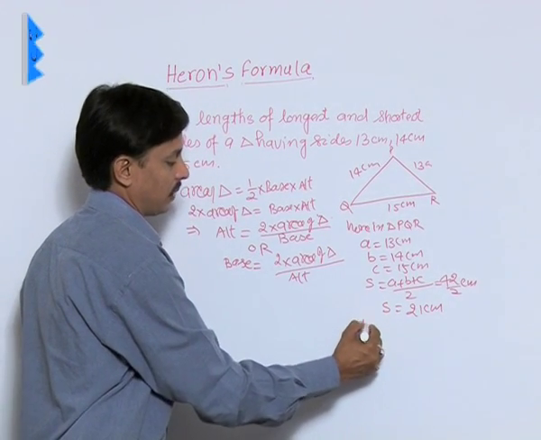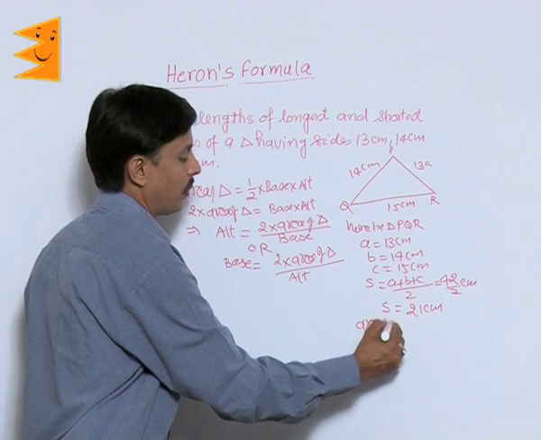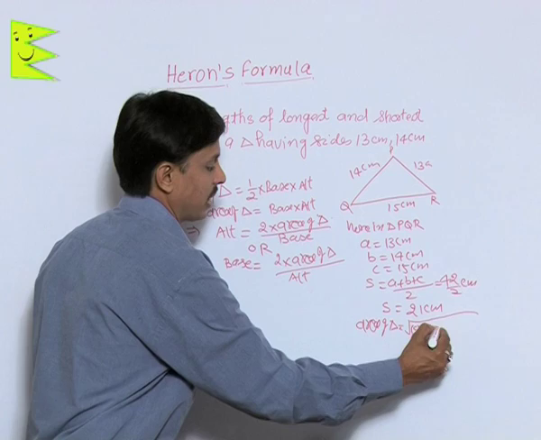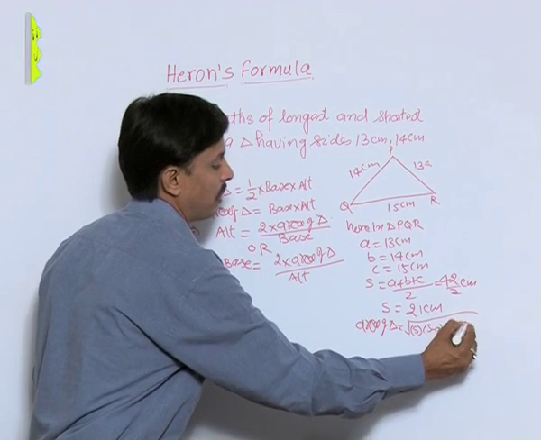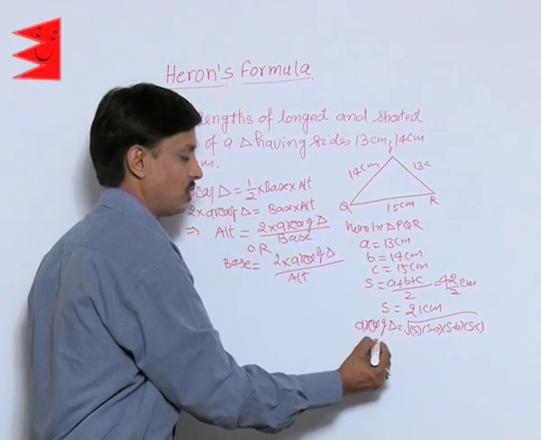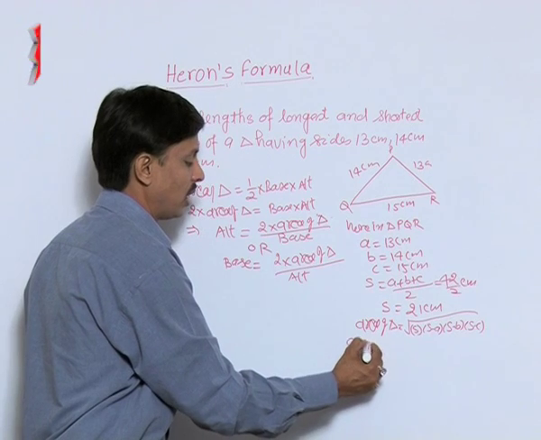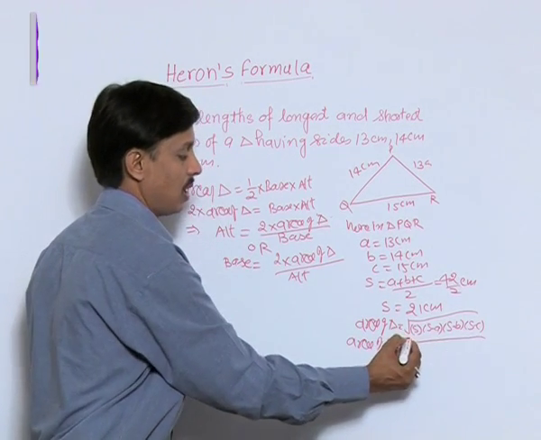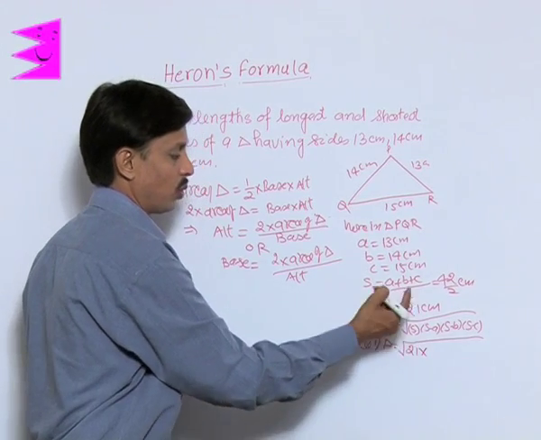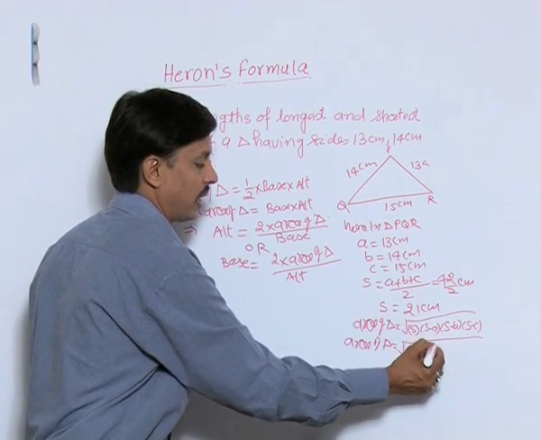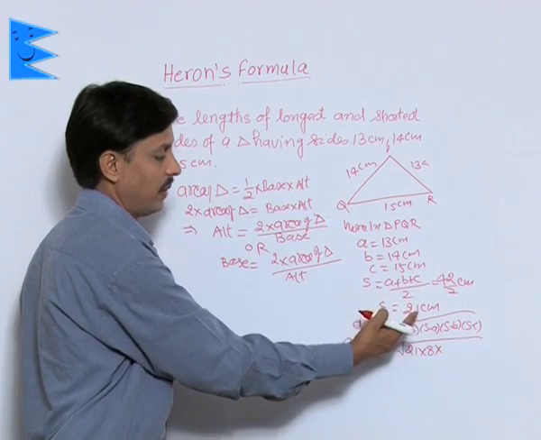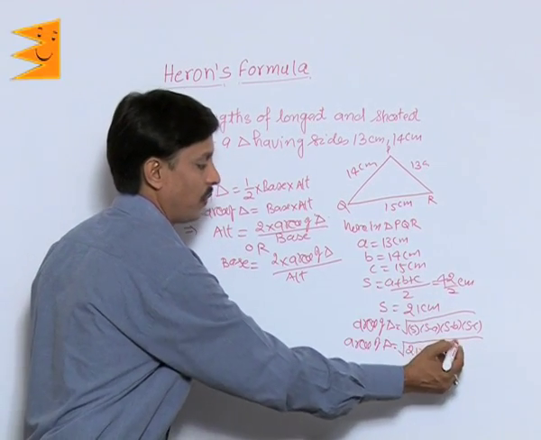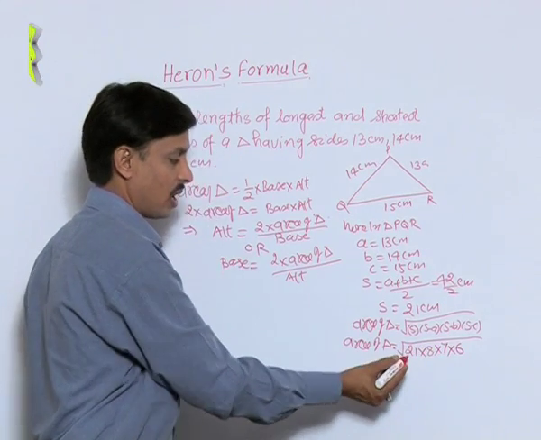Area of triangle is given by root of S into (S minus A) into (S minus B) into (S minus C). So area of triangle become root of 21 into (21 minus 13, first side) 8, (S minus A) 21 minus 14, 7, 21 minus 15 is what? 6.